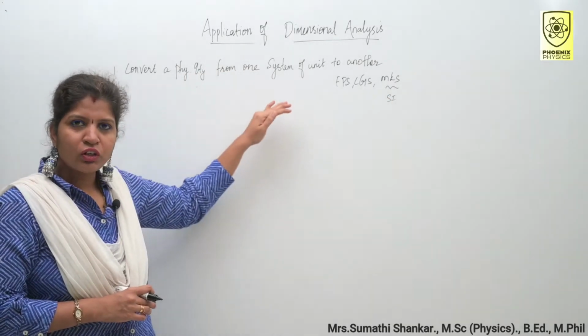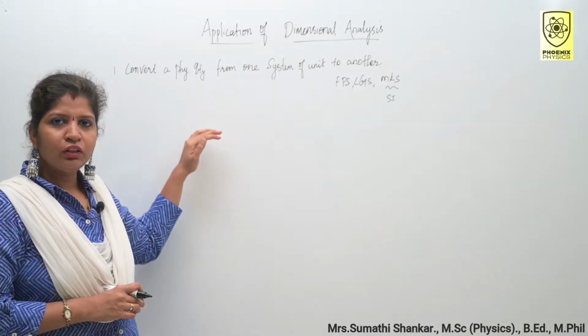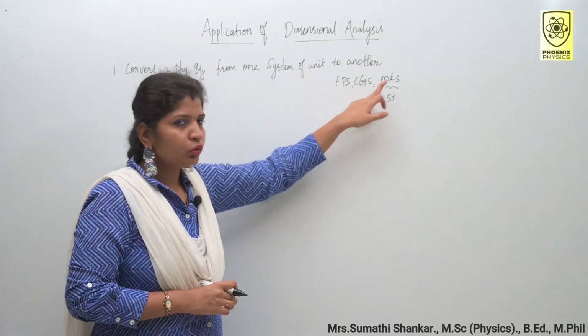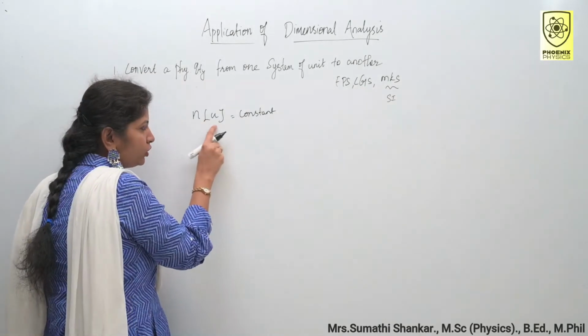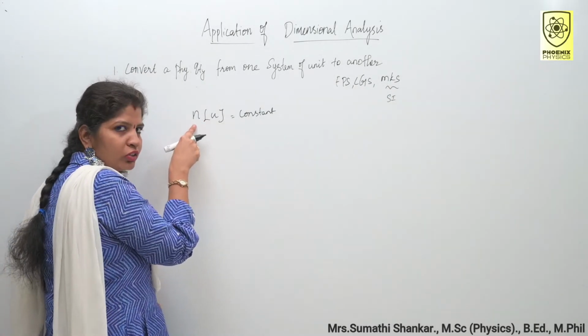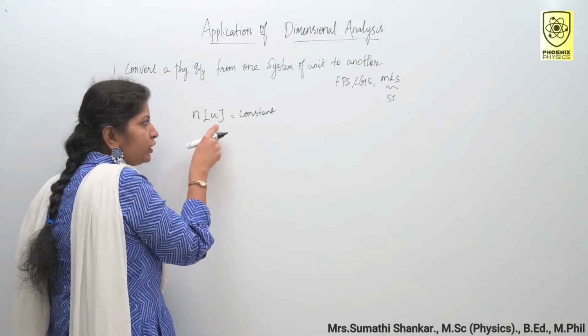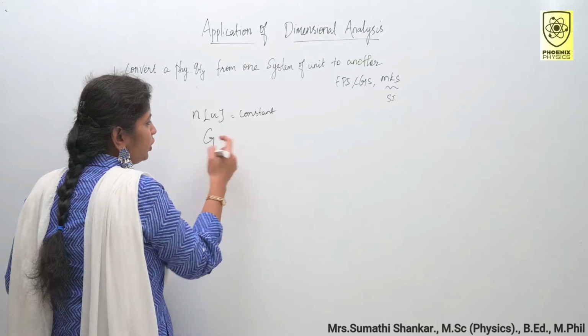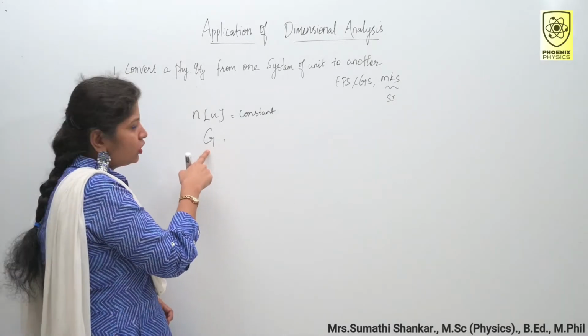Using the dimensional formula, we can convert a physical quantity from one system of unit to another. The product of numerical values and its unit is a constant. For example, you know G. What is G? Gravitational constant.